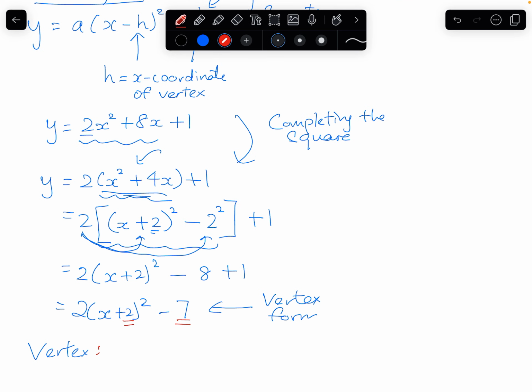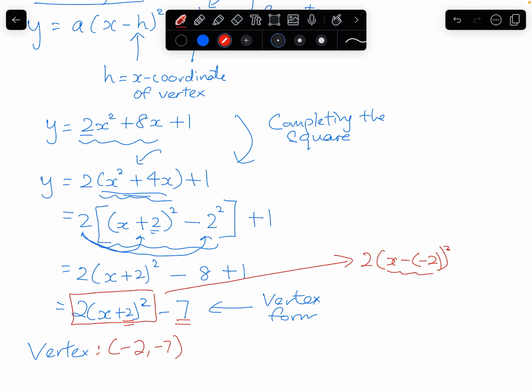Okay, so going back to this, when we found the vertex to be (-2, -7), one thing I want you to point out is that when we rewrite this, it can be written as 2 bracket x minus (-2), because this essentially is just x plus 2. What I'm really interested in is this little point here, which is the -2.